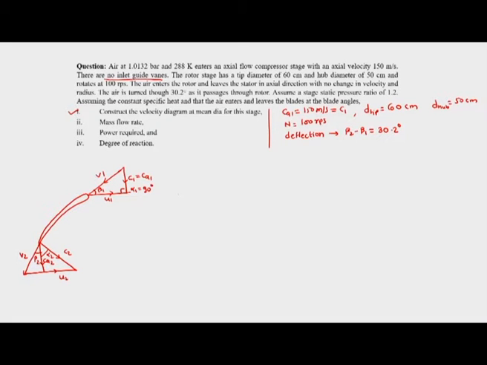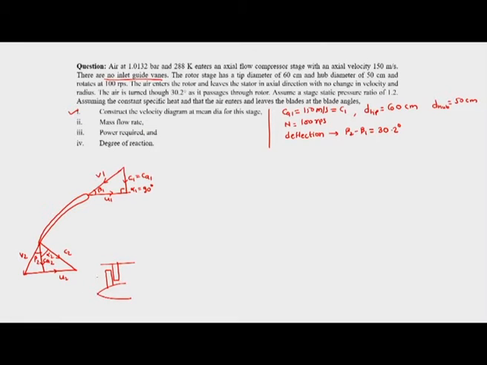So we would first say that U is equal to pi D N. Before that we should remember one thing: in the case of a compressor, this is the hub, then we have this as rotor, and then we have this as stator.